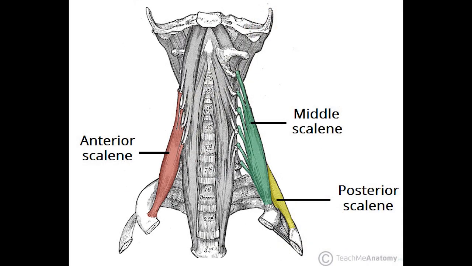We will see something about the scalenus medius and scalenus posterior muscles. The scalenus medius originates from the lateral end of the transverse process of the atlas and axis and the posterior tubercles of all other cervical vertebrae. We all know the insertion of the scalenus medius, which is in the first rib between the neck and the subclavian groove.